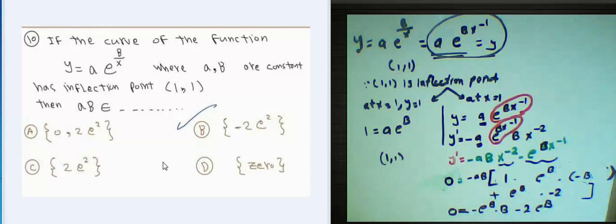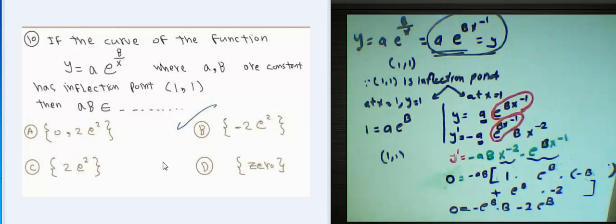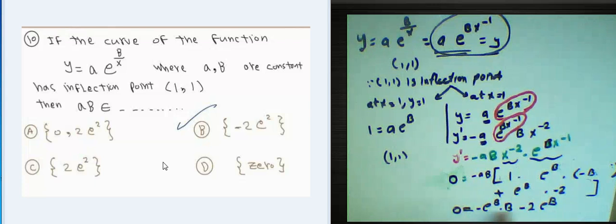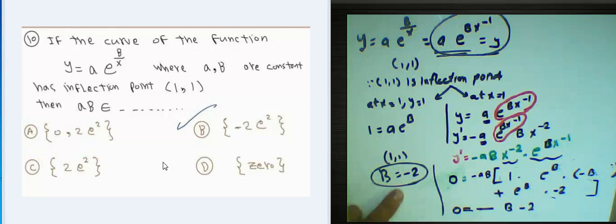E power p is a constant, we can divide it by e power p from left hand side and right hand side. We can cancel e power p with e power p. Then negative b, we can move the negative b to the left hand side, then b will be equal negative 2.